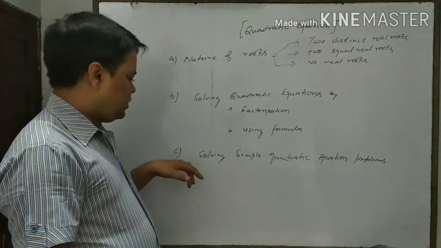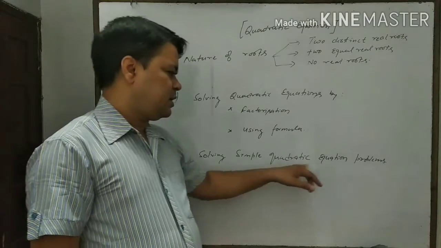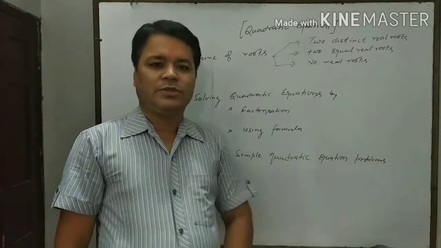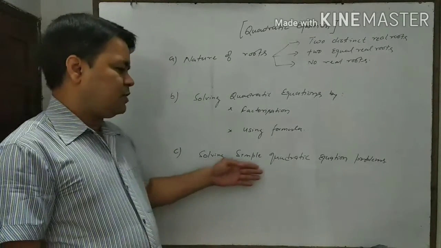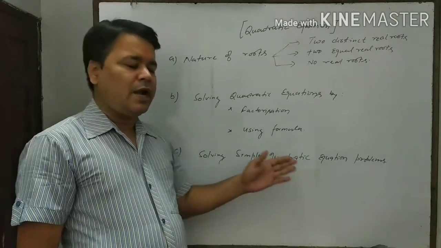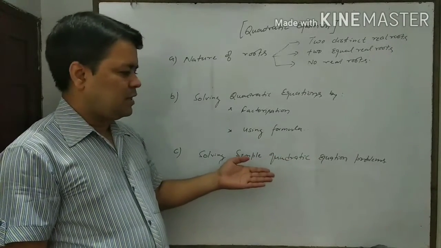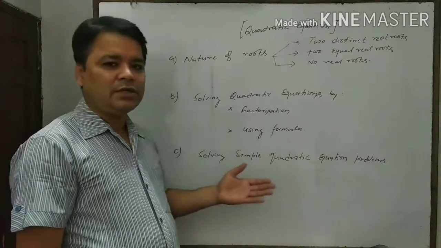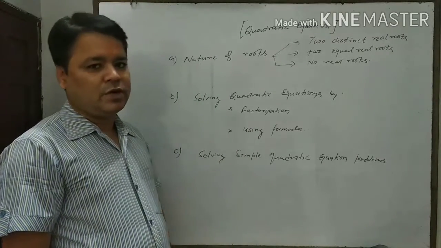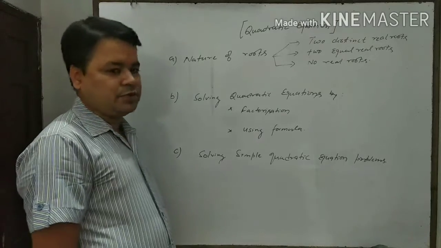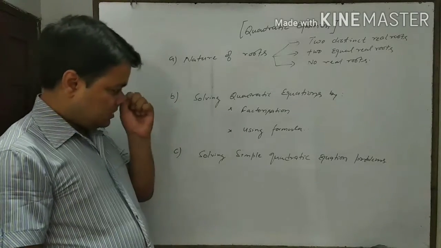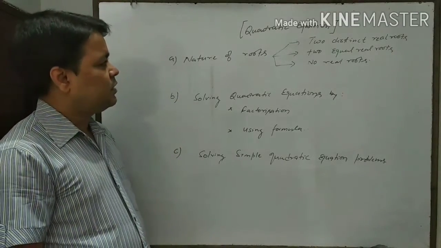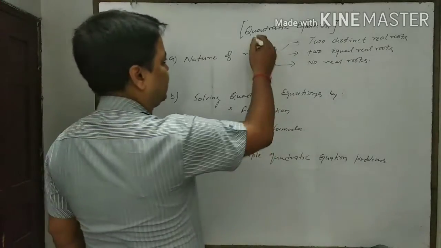And the third will be solving simple quadratic equation problems, meaning there will be some problems and we arrange them in a quadratic form, and after that we solve those quadratic equations. So before starting the topic, let us discuss what the quadratic equation is.